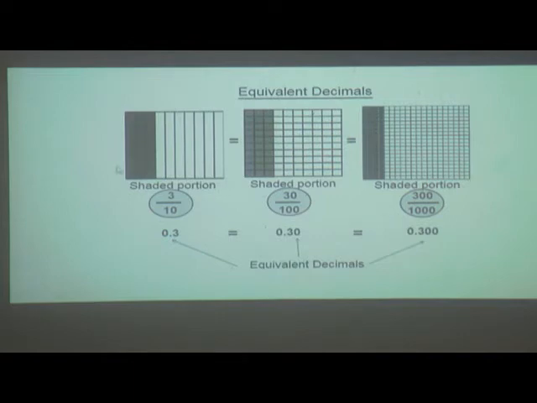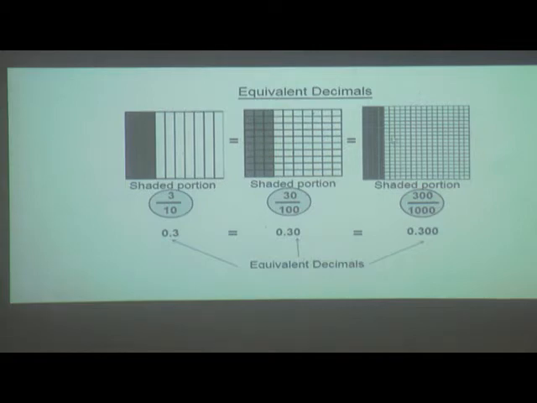Now you can see some similarity between all these figures. The sign given is equal. Why? Here the same size of sheet is divided into different parts, but the size is the same. Here it is divided into 10, but only 3 parts are shaded. Here it is divided into 100, but only 3 parts are shaded.